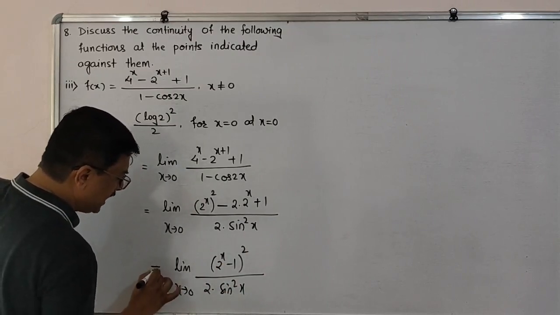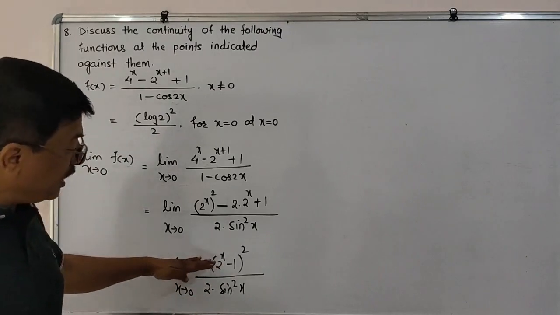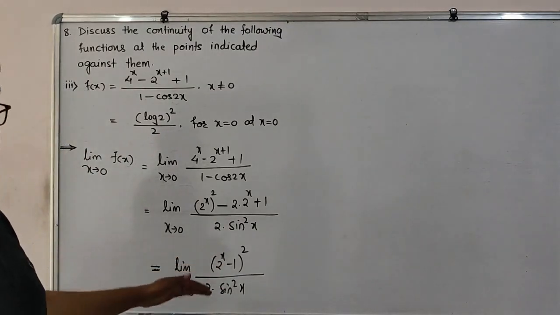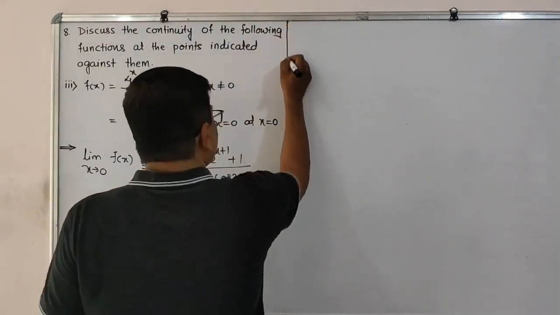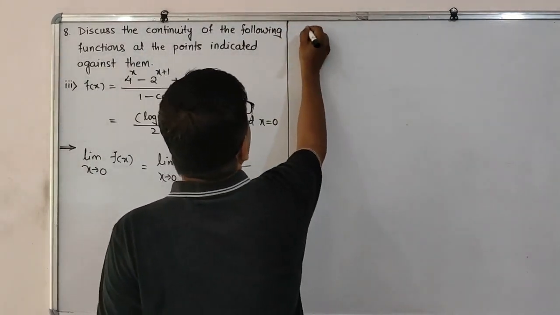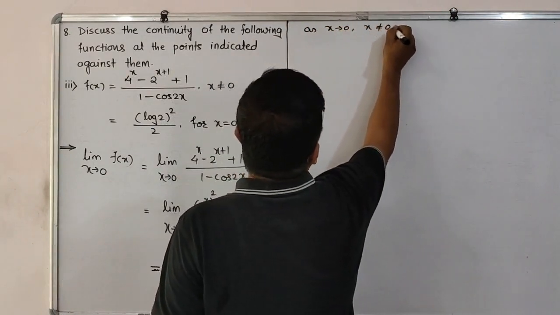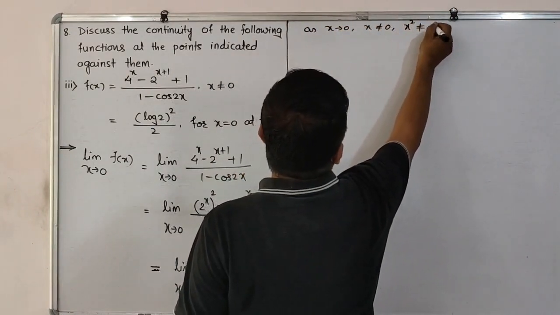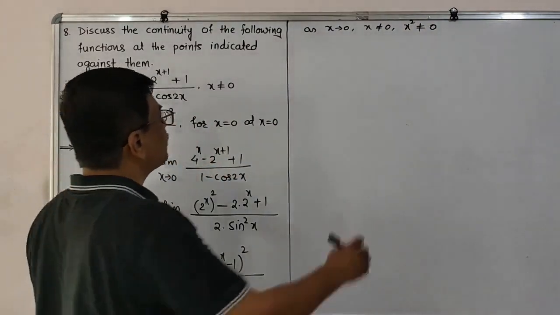Now to find its limit, we must divide its numerator and denominator by x square to convert them into the formulae. We know that as x tends to 0, x is not equal to 0, means x square is not equal to 0, and that's why divide its numerator and denominator by x square.